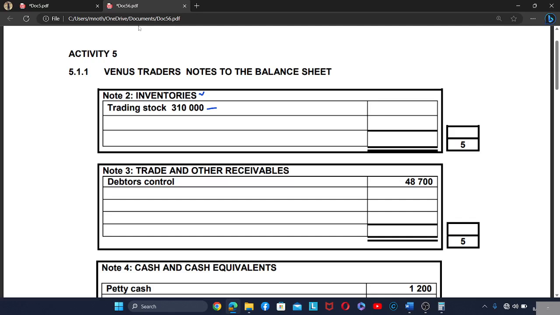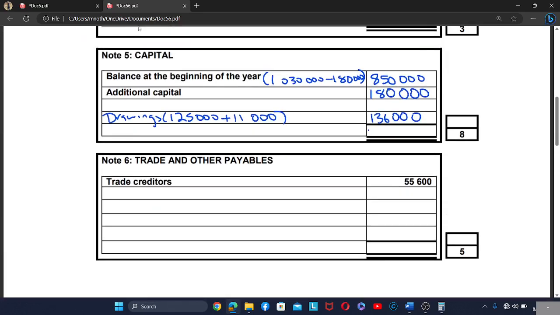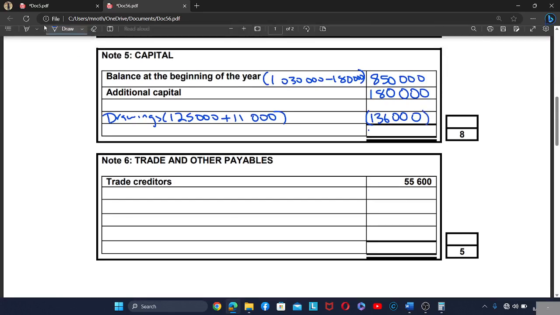So you come here and decrease your trading stock by 11,000 because the owner took the trading stock, right? The drawings we must subtract, so therefore we must put them in brackets to show that we are subtracting them.